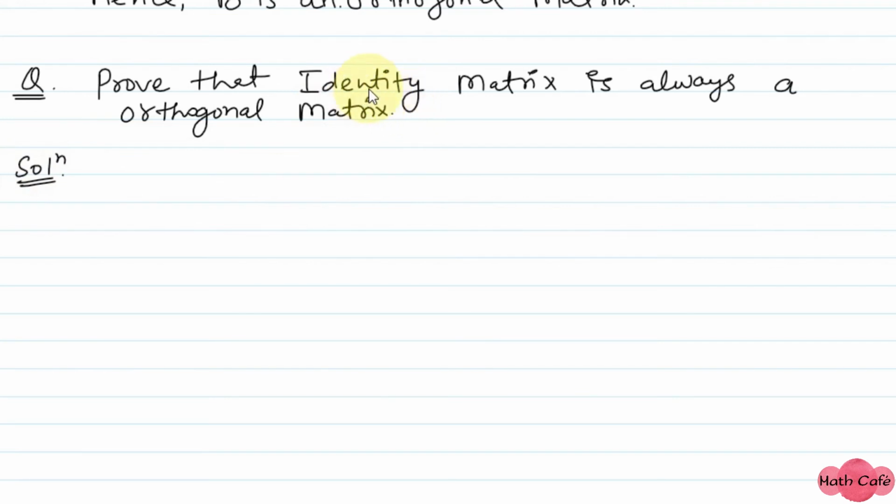Here we need to prove that identity matrix is always an orthogonal matrix. Let's say any matrix B is the identity matrix, and we need to prove that B is an orthogonal matrix. So here we will write B transpose multiplied by B is equal to I. That is what we need to prove.